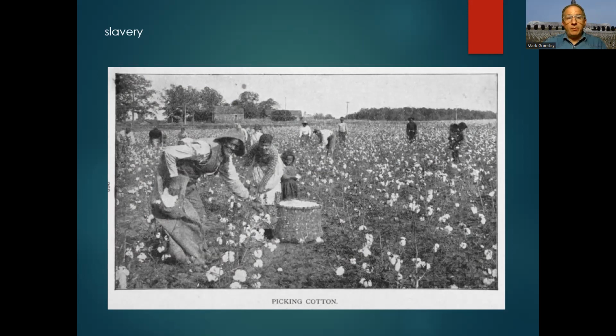And the foundations of American industrialization ultimately track back to the wealth created directly or indirectly by slavery.